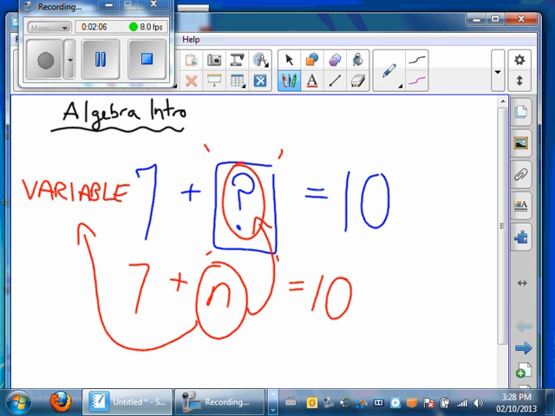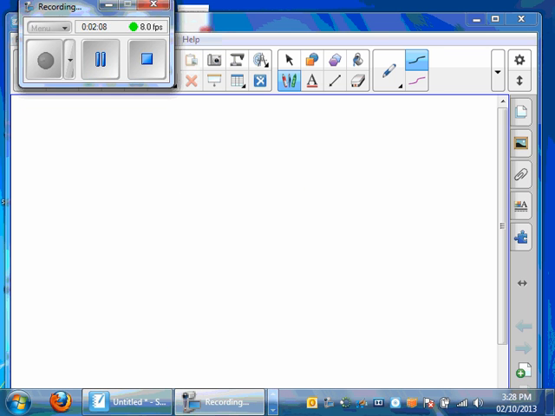All right, let's take a look at the difference between an algebraic expression and an algebraic statement, or an algebraic equation. Okay, before we get on to the algebraic expression versus an algebraic statement, I wanted to show a couple little things that are going to be introduced to you because you're now doing algebra and you're doing math at a higher level. These are common things that mathematicians do when they're multiplying and dividing in algebra.